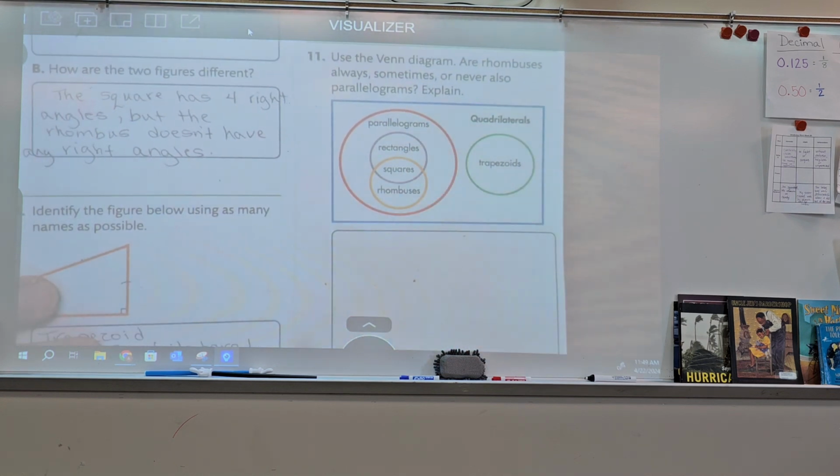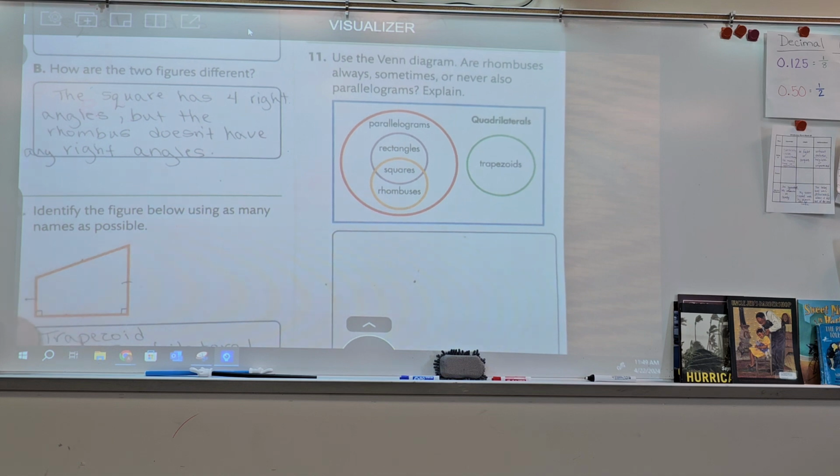Using the Venn diagram, we're going to answer, are rhombuses always, sometimes, or never parallelograms? So my big blue box is my quadrilaterals. My green circle over here is trapezoids. My red circle is parallelograms.